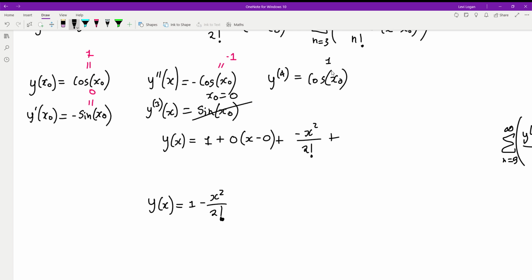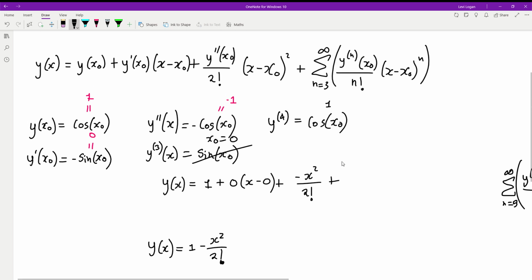This here is going to be 1. So what we have here is the third derivative of x sub 0 on 3 factorial multiplied by x minus x sub 0 cubed.